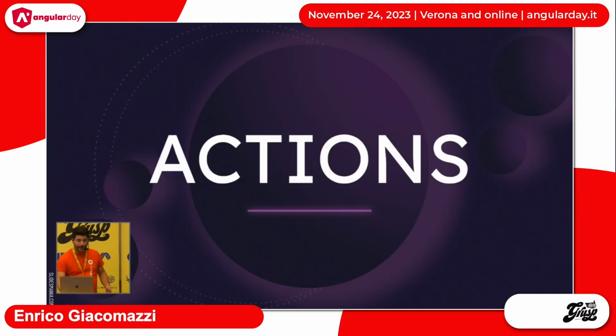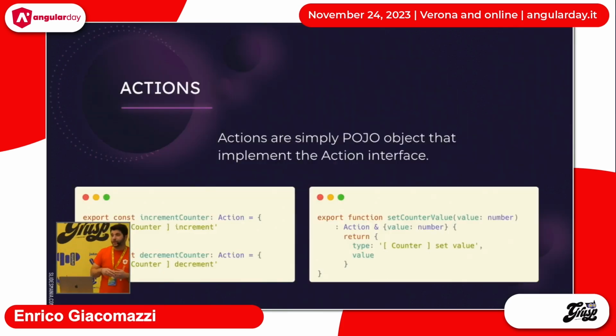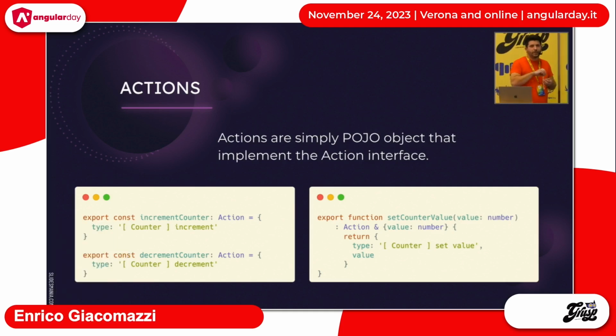Starting from the first one, actions. Actions are simply plain old JavaScript objects that implement the Action interface. So this interface basically has a single property, type, of type string, that informs the NGRX store which action has been dispatched.